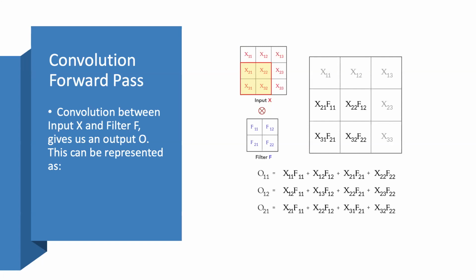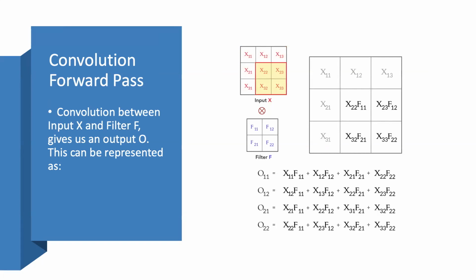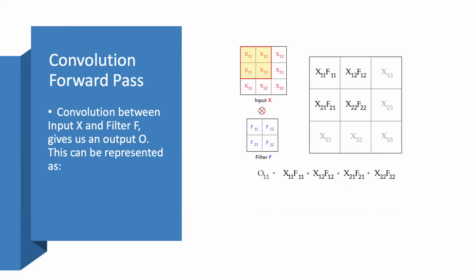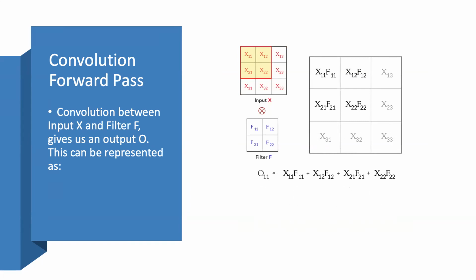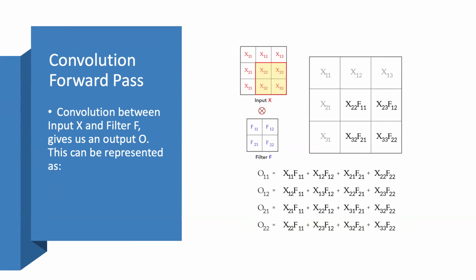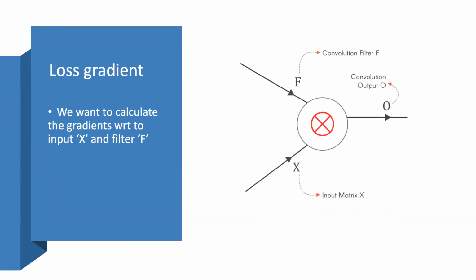What if you are convolving and you have a deep network where you have layers after layers after layers? Would you not want to learn what you're passing your kernel over as well? Right. So basically, we want to learn both the input X on which we are passing the kernel over, and we also want to learn the kernel weight. So these are the two loss gradients that are important to us.